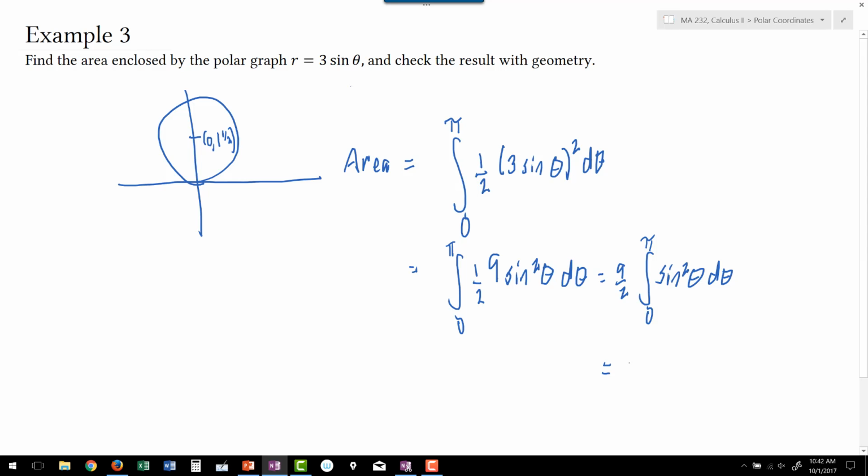This is one that we've done. It's one of the tricky integration by parts integrals where we have to let u equal sine theta and v prime is sine theta, and then in the middle of it you have to use a trig identity and then collect integrals on one side to get the final result. The resulting antiderivative for sine squared theta is 1/2 theta minus sine theta cosine theta, and I'm evaluating between 0 and pi.